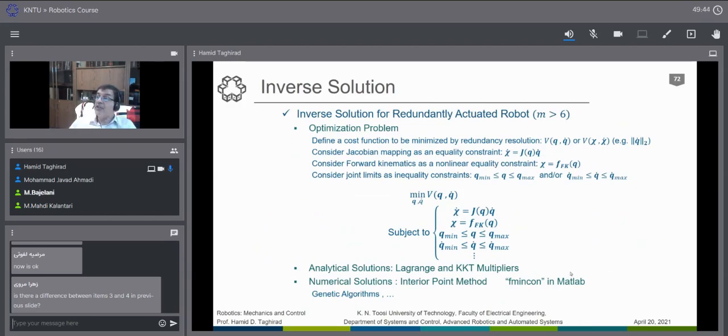So we should have this Jacobian beforehand, and the forward kinematics beforehand, and these are 2 equality constraints. And if you know about optimization routines, it is very difficult to find an optimal solution with an equality constraint.